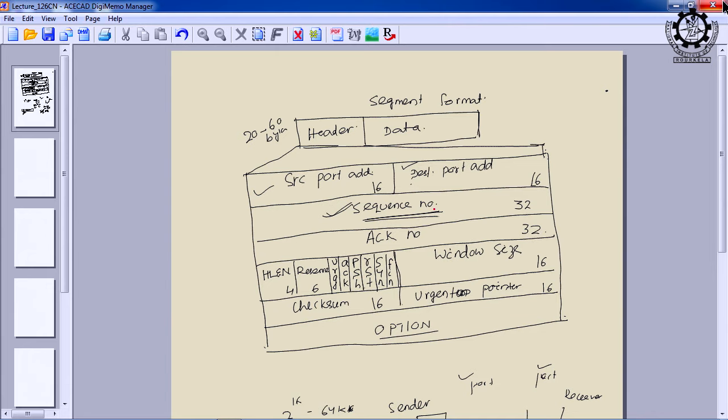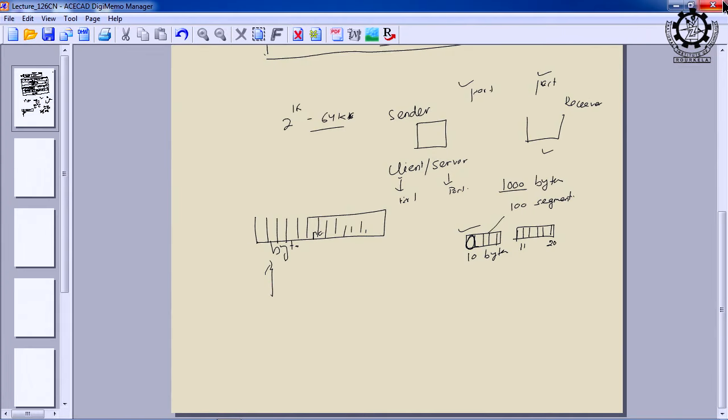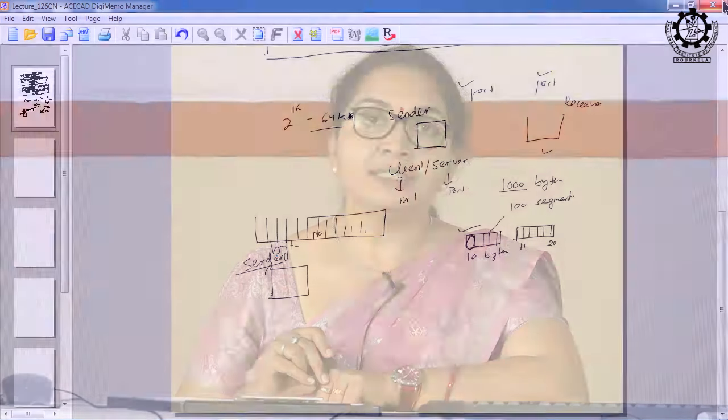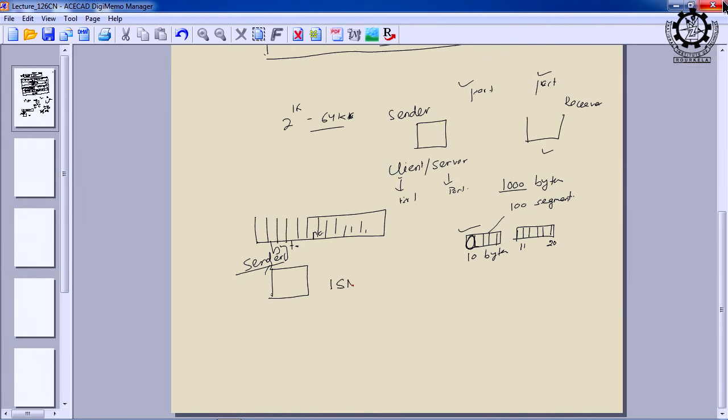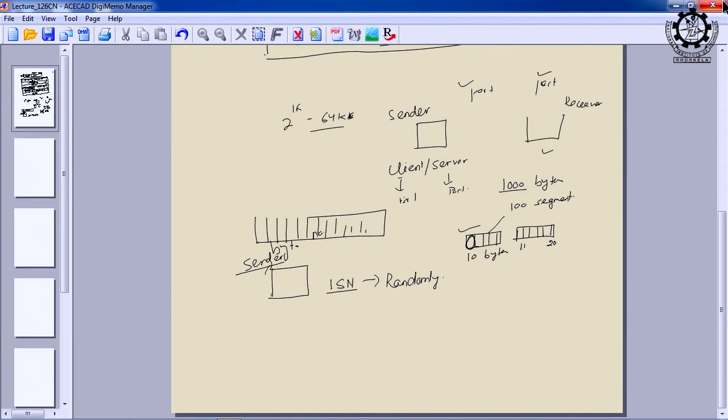So, how is this sequence number generated and how is it decided? Let us say a sender generates a bunch of data. When the data is generated, an initial sequence number is generated randomly. Let us say in my case the sequence number generated is 1.